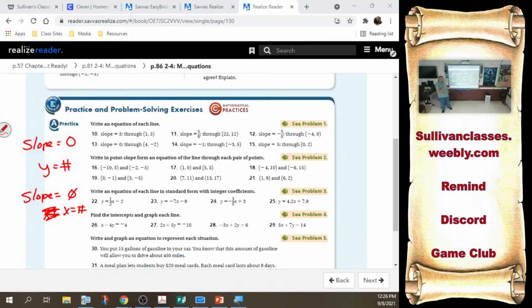Now, if I wanted to run it all the way through, I would have to start with y minus y1, so y plus 2 is m times x minus 4. Someone came in and asked this morning, and it's a good question.